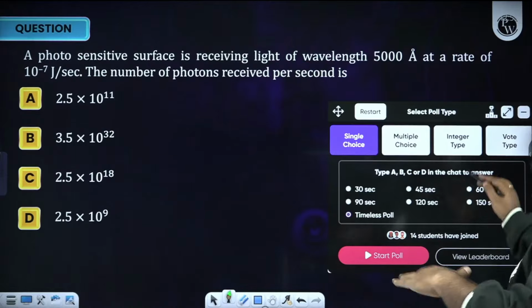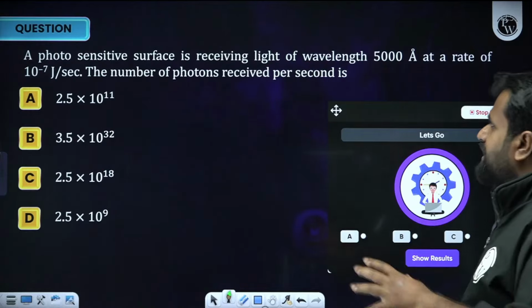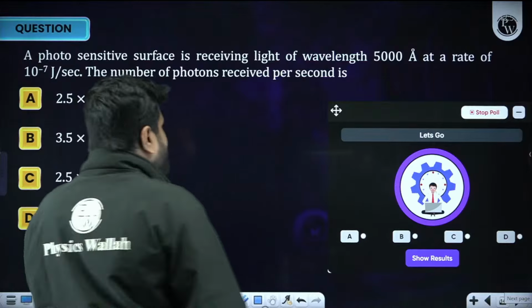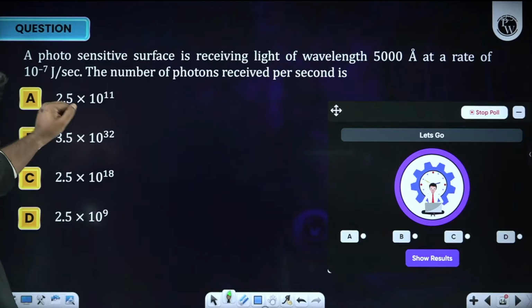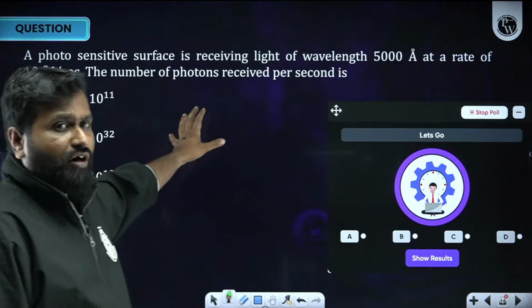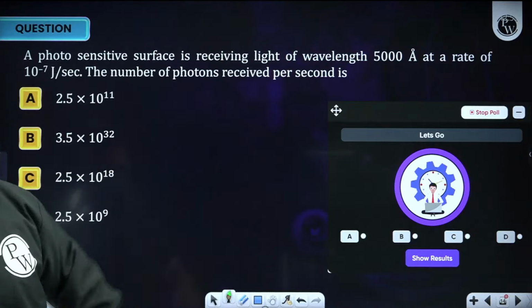A photosensitive surface is receiving light of wavelength 5000 Armstrong at a rate of 10 to the power minus 7 joule per second. Number of photons received per second.